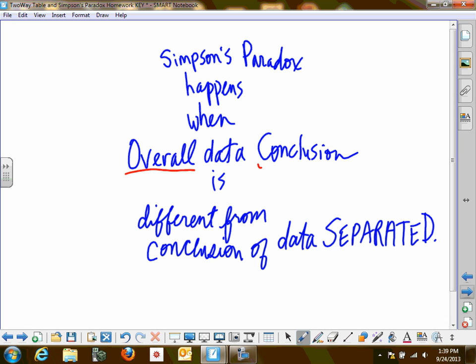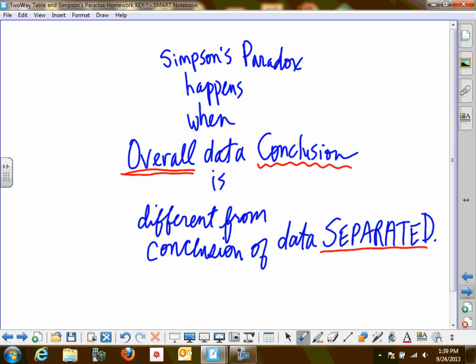And you will come to a conclusion based on that combined data. And then you will be given another table or another set of information where the data is separated. So the data is separated by some other variable. So maybe, like in the baseball example, it's separated by against left-handed pitchers and against right-handed pitchers. Okay?